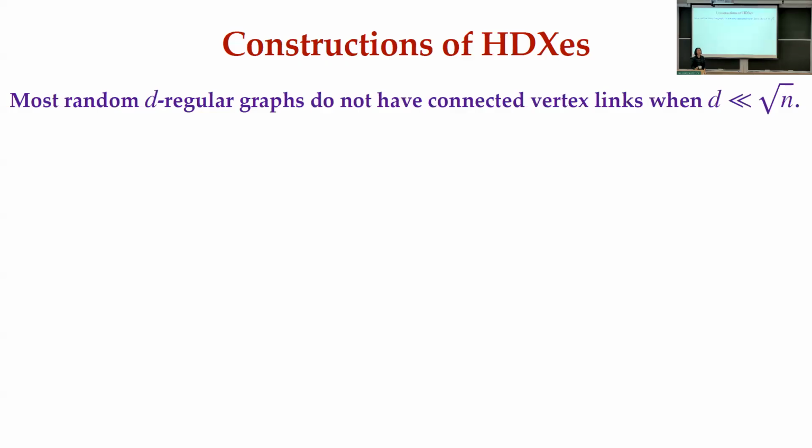So this graph wouldn't be connected with high probability unless d is much bigger than square root n. So in this sense, we don't have a sparse random high-dimensional expander. That's the first difference in comparison to expanders.